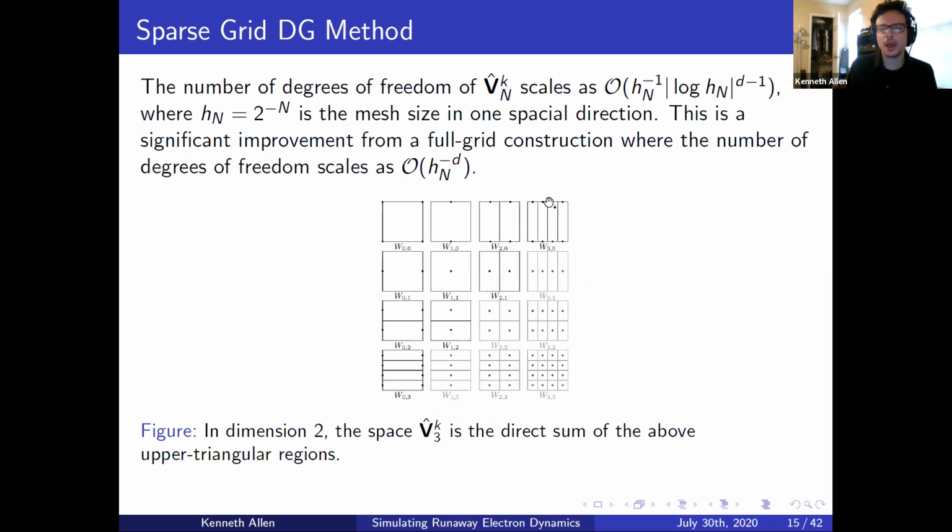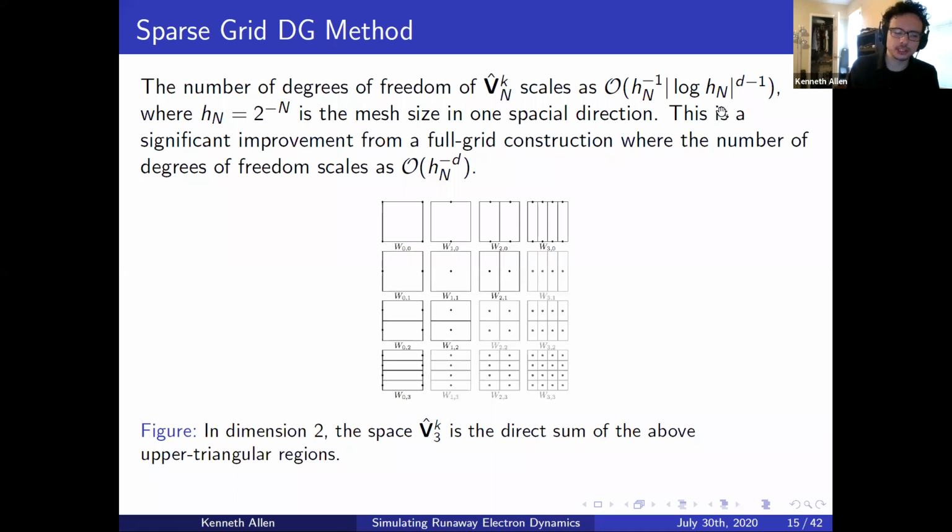The reason why this construction is nice is because the number of degrees of freedom of this multi-wavelet space, or this DG finite element space, scales as log of the mesh size, where h_n is the mesh size in one spatial direction. So the number of degrees of freedom scales as log of the mesh size in the dimensions.